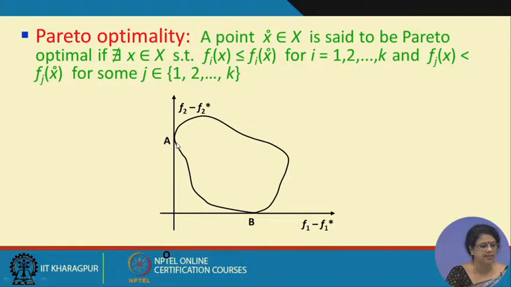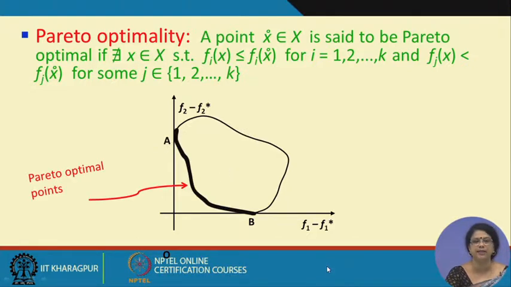If I consider the edge of this feasible space from A to B, that is the Pareto optimal frontier, rather the Pareto optimal points, because all the points are equally acceptable to me.